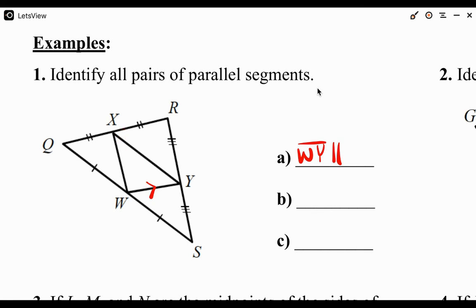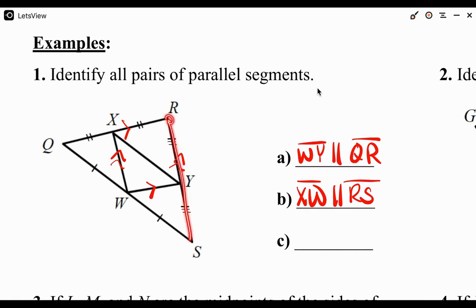So we know it's parallel to QR. For our next one, we could do XW, and that's parallel to RS. Make sure you're saying the whole thing and using the endpoints, okay?